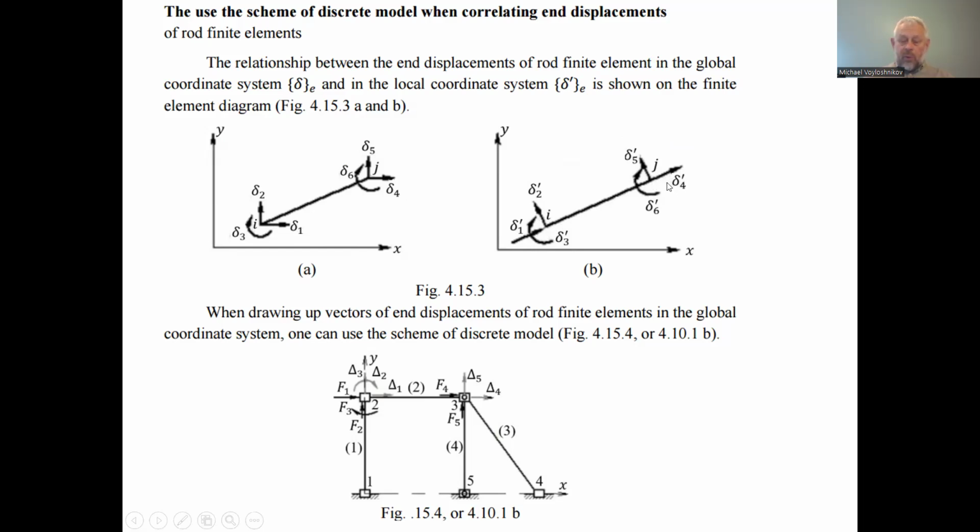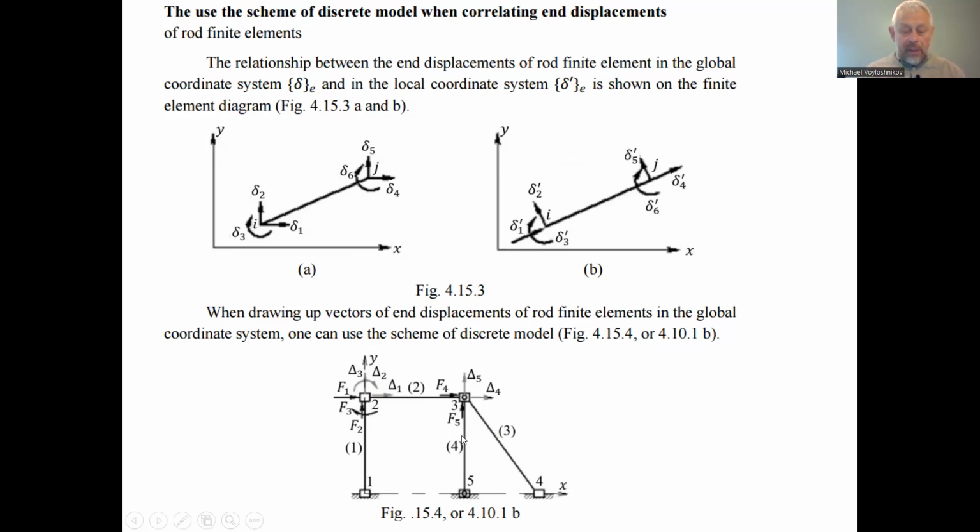The transverse force is perpendicular to the axis of the finite element, that is, perpendicular to the abscissa axis of the local coordinate system, and as well the bending moment. That is the difference of the directions of the components of efforts acting in the global coordinate system on figure 4.15.3a and in the local coordinate system, 4.15.3b.